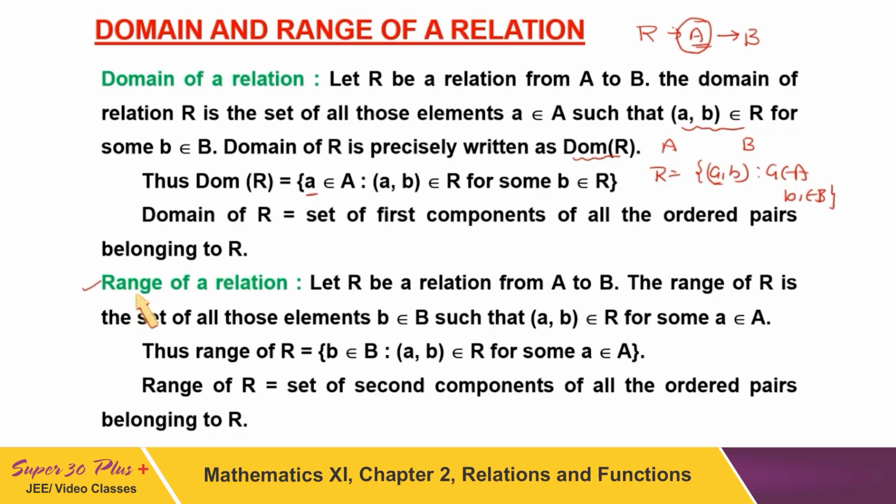Now, what is the range? Range of a relation: let R be a relation from set A to set B. The range of R is the set of all those elements b belongs to B, such that (a, b) belongs to R for some a belongs to A. Thus, the range of R is the set of b belongs to B, such that (a, b) belongs to R for some a belongs to A. Range of R is equal to the set of second components of all the ordered pairs belonging to the relation.